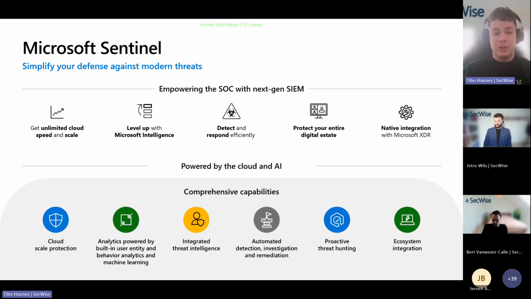So your alerts and your data will get more enriched, and it will be easier to spot, for example, malicious IPs. You can also do some proactive threat hunting. There are analytic rules that will make sure certain things get detected, more and more user behavior. So it grants a lot more visibility. It's a lot easier to look at your alerts and aggregate and correlate them all into one system.